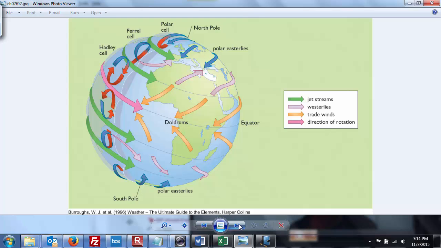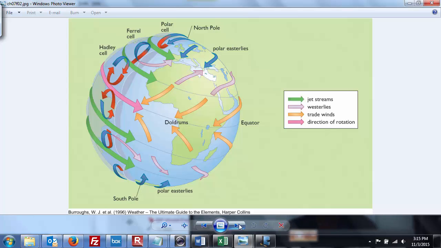The pinks, or the purples there, second down, are what are called the westerlies, and they're blowing from the west to the east. The trade winds, they were named. There's a little bit of a deal here on box 7.1.